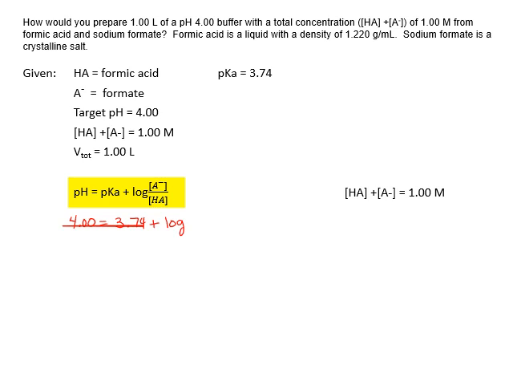The base component of our buffer is the formate ion, and the acid component is formic acid. We're going to solve this equation for the ratio of the acid and base forms. First, we'll subtract 3.74 from both sides.